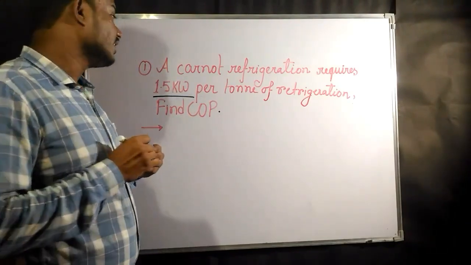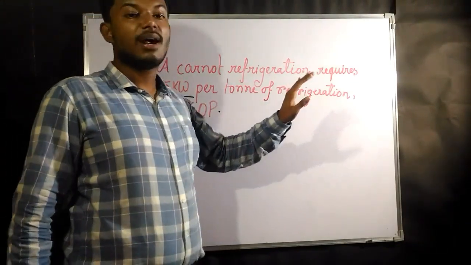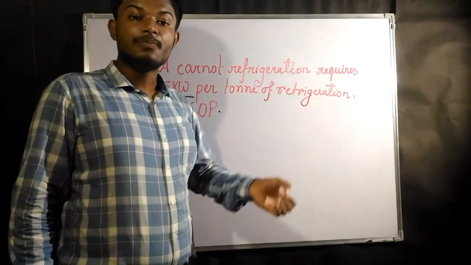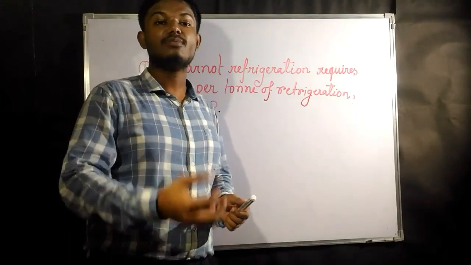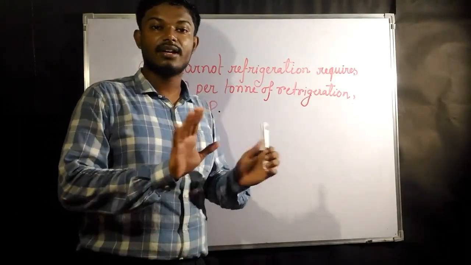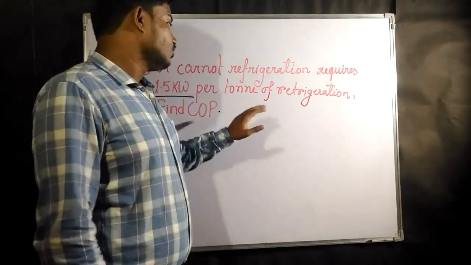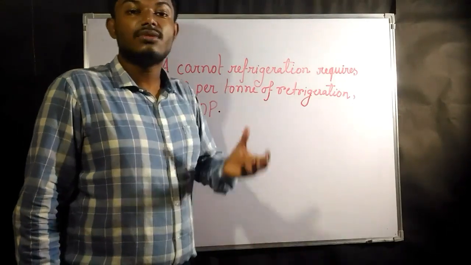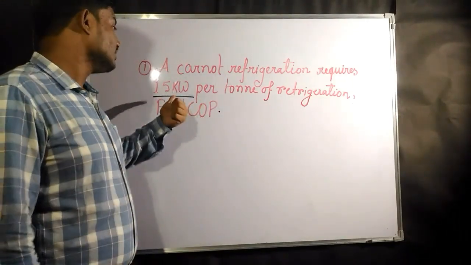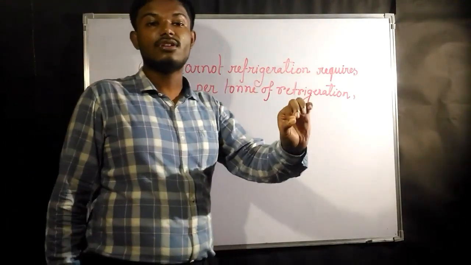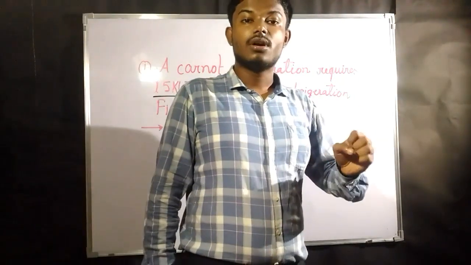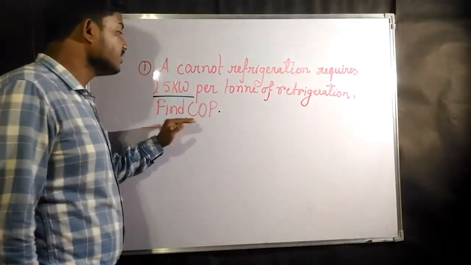Per ton of refrigeration means to take out 1 ton of refrigeration from the space where we need to maintain a temperature lower than the surroundings. So this is the amount of heat we need to take out, and this is going to be the amount of work that we need to give into a Carnot engine, so that we can find out the COP.